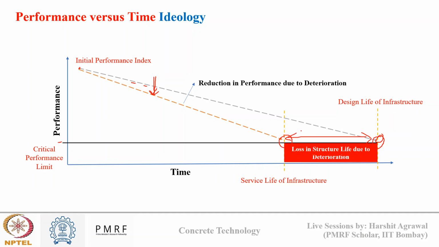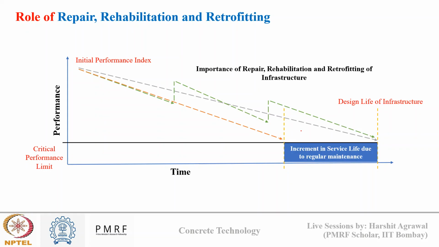Now to counter this degradation comes the role of repair, retrofitting, and rehabilitation. At timely intervals during the degrading performance, some measures are taken to improve or restore the expected performance of the concrete.